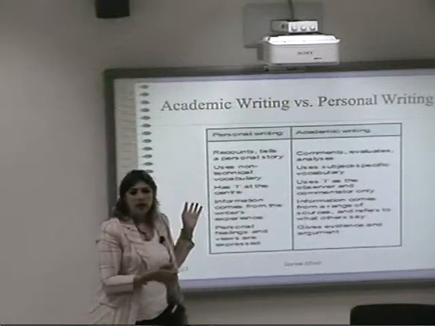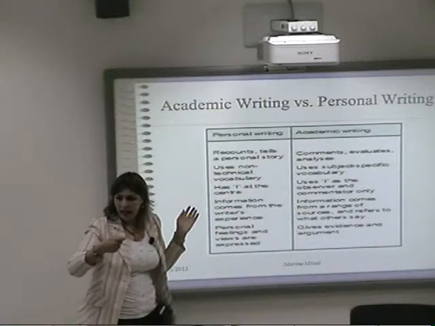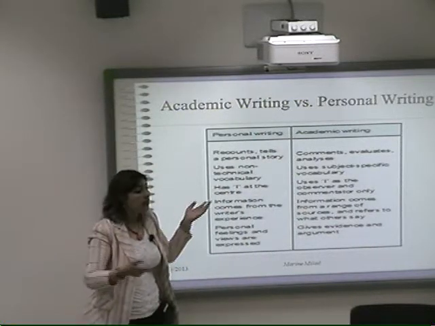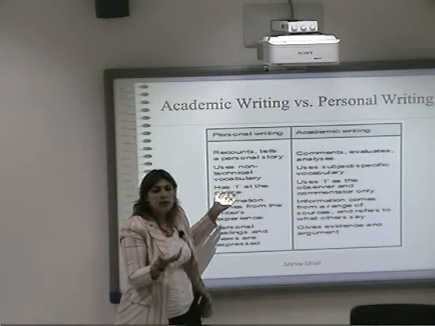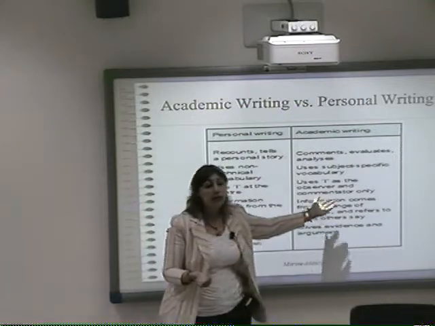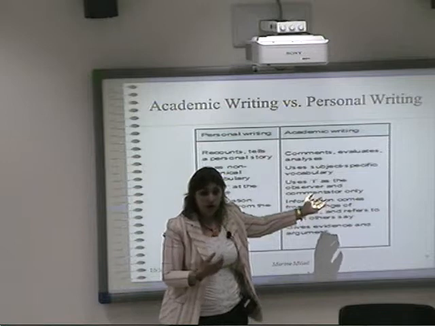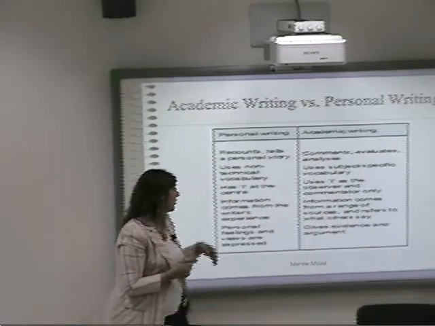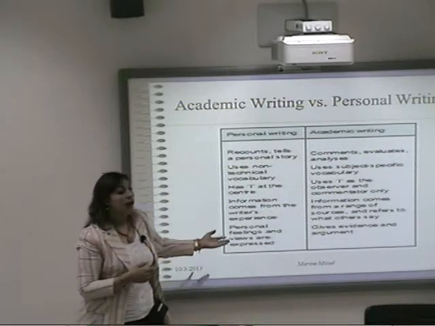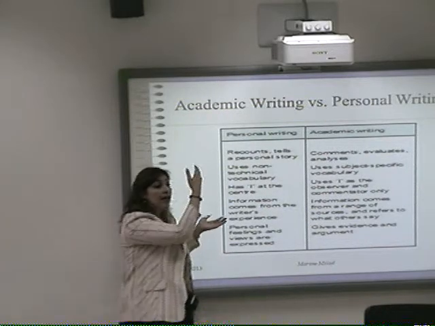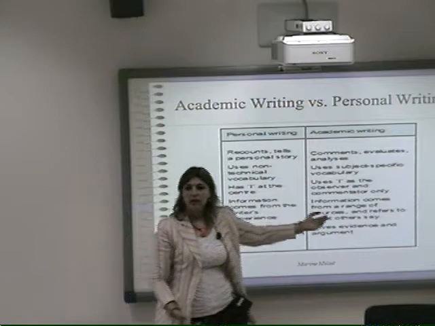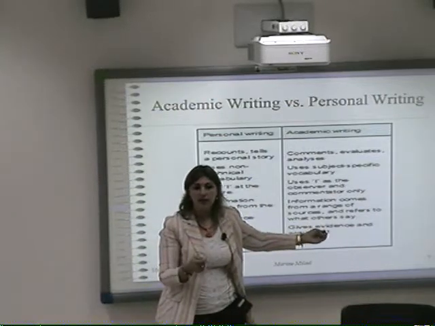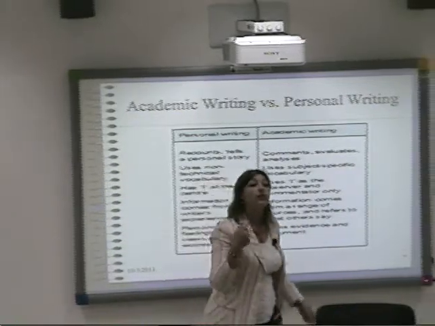Suppose you're writing a daily journal. It's normal, and you use simple vocabulary items. But if you're writing for academic purposes or for your course, you use sophisticated vocabulary. Of course, here we express our feelings from the very beginning till the end. Here we have to provide evidence. Whatever you're saying should be supported.